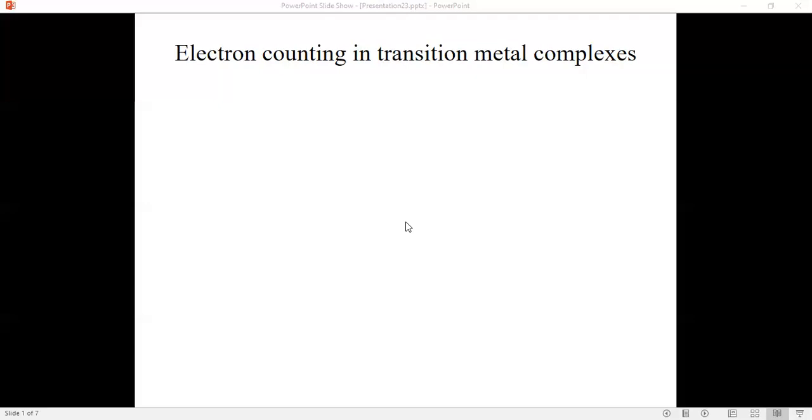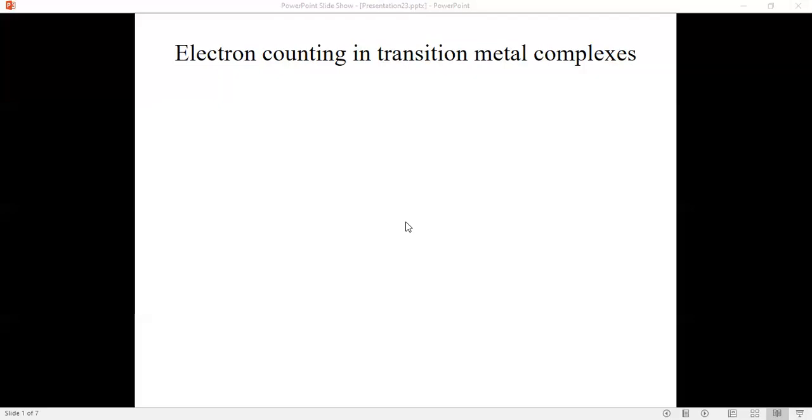Okay, so today's subchapter is about electron counting in transition metal complexes. So first of all, why do we need electron counting? Because the number of valence electrons in a complex is important for the stability and the reactivity of coordination compounds.